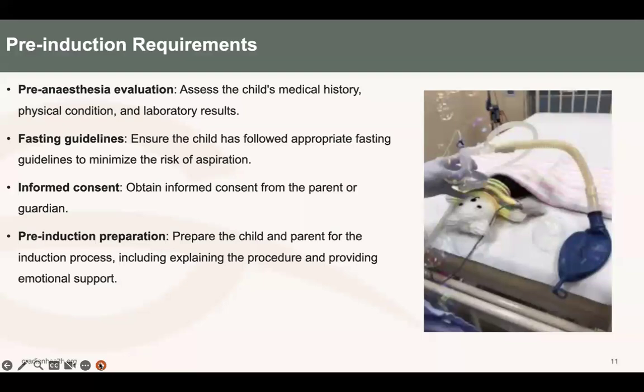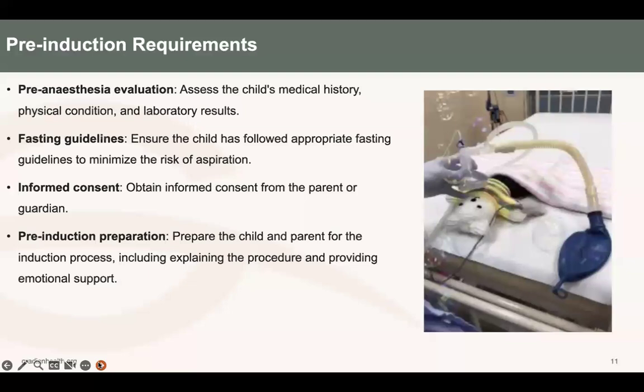So they should only fast after they take clear fluids. For milk, which most of our patients in this population take, breast milk, we give them 4 hours. Then for solid foods, 6 hours, just like in adults.